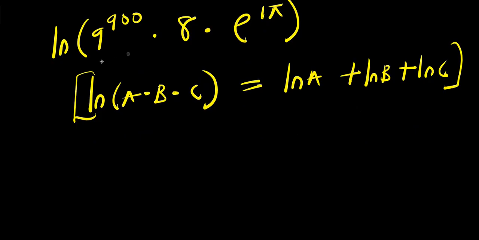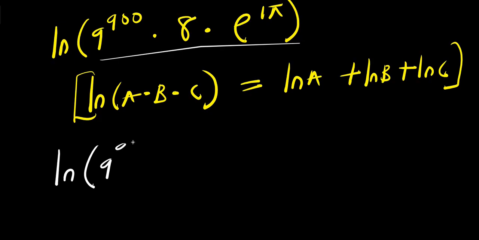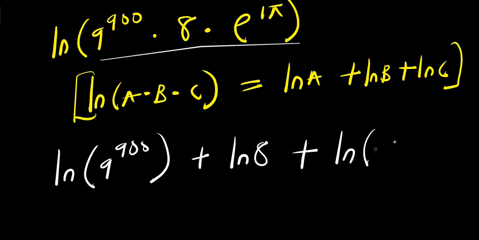So I'm going to apply the same identity here. I'll have natural log of 9 power 900 plus natural log of 8 plus natural log of e power i times pi.